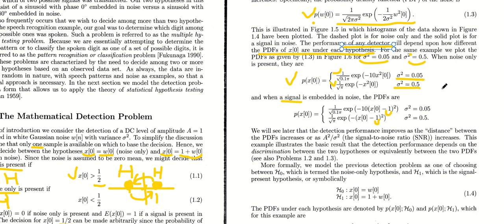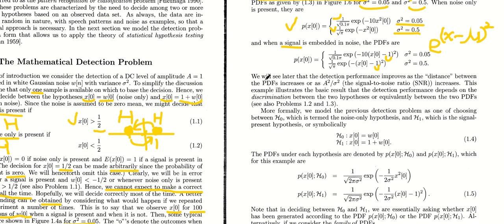Recall that the Gaussian distribution has (x minus mu) square in the exponent part. And this mu is the mean. So this is the mean, and this is the mean. And the variance is represented by the coefficients in the denominator.